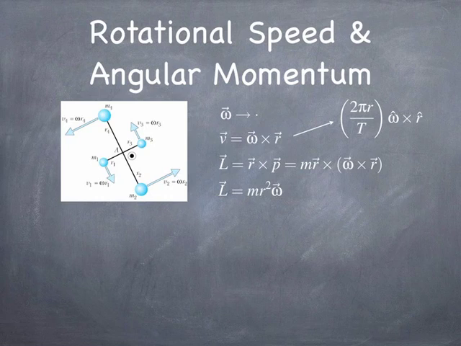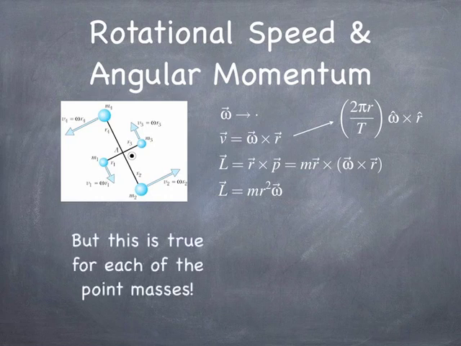Notice that we already worked out back in, what, chapter 8 or something, chapter 7, I don't remember now, that the rotational inertia of a point mass is mr squared. So this is just I times omega. That's our old friend. And that's true of each of the point masses in the system. So that means that the total angular momentum is the sum of the mr squareds times omega.